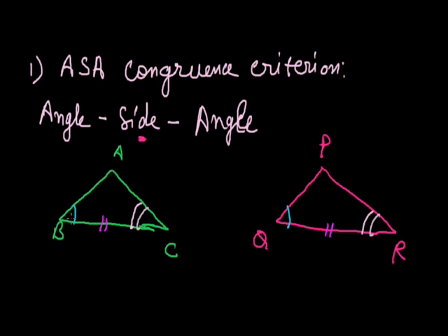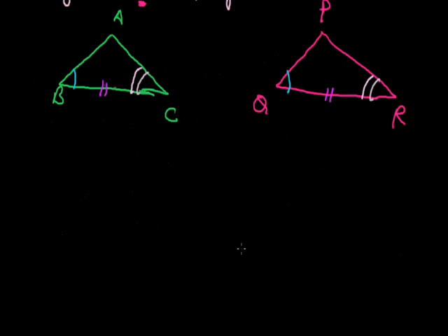Since we have taken two angles B and C, here we have taken two angles Q and R, therefore the side must be the including side, that is BC here and QR here. If the two triangles satisfy this condition, that two angles and the including side between them are equal, then these two triangles are said to be congruent by ASA congruence property.